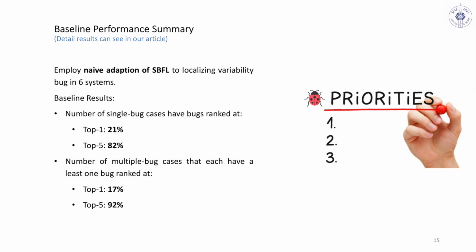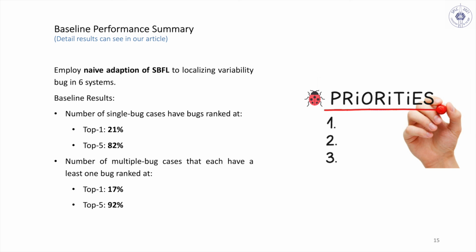In summary, for single bugs, 71 bugs, about 21% of the total bugs, are correctly ranked at top 1. And it increases when more statements in the ranked list are examined. About 82% of the bugs are ranked within the top 5 positions.